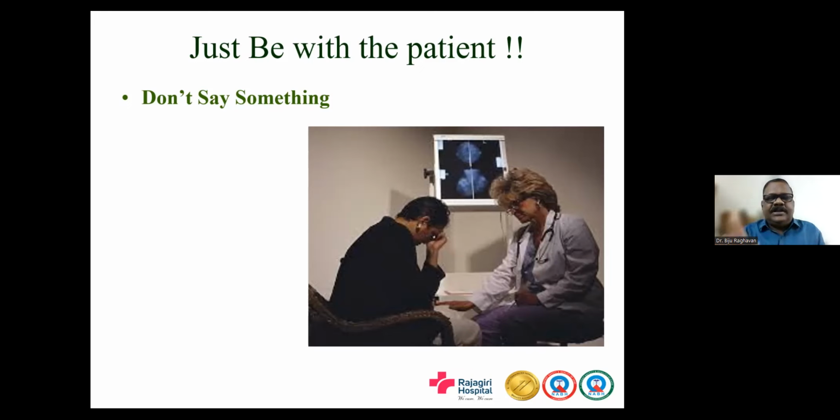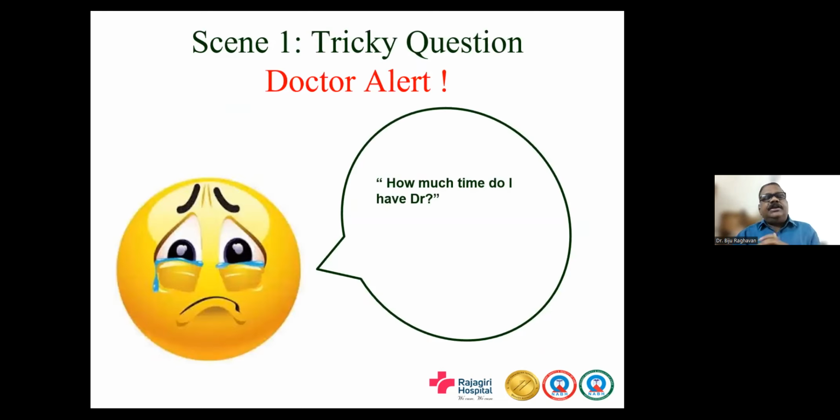Similarly, when you are there and the patient is in this position, focus on the patient, nothing else. Don't say anything, don't do anything. And within a minute or two, the patient would have ventilated the emotion, and then the patient will come back to you.